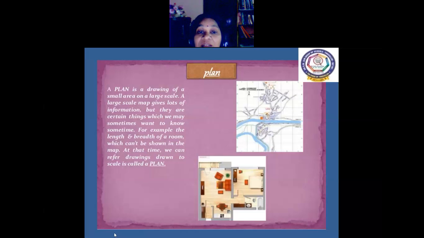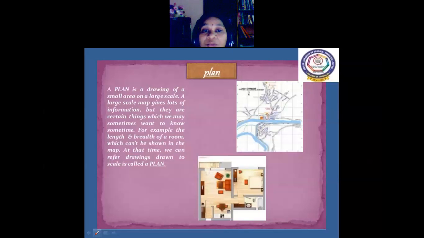Next is about the plan. See, we all have plans. Our parents plan to construct a house. What will they first do? This area, this side, north side, the kitchen should face this east side. Then we want one drawing room, a room like this, a shelf like this.